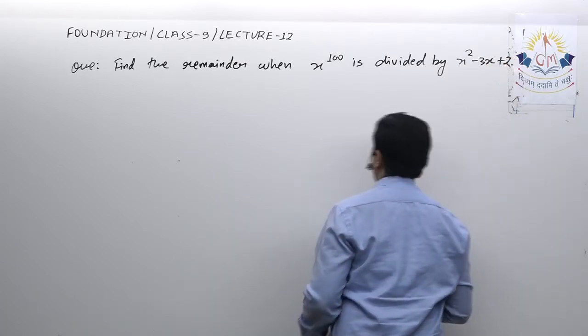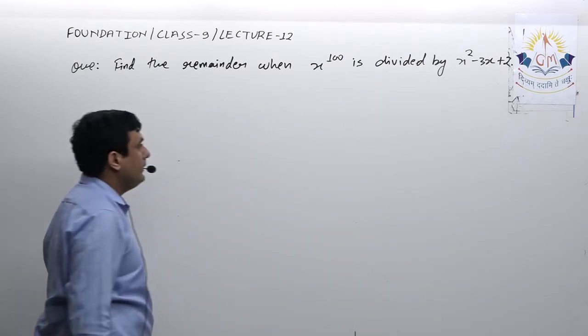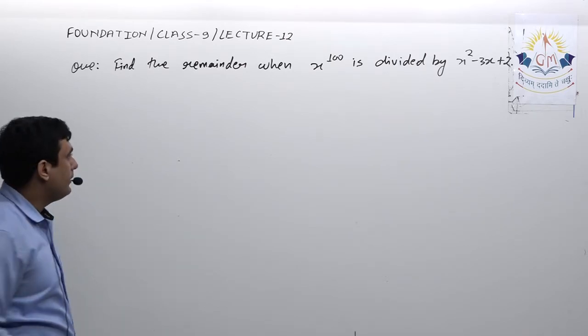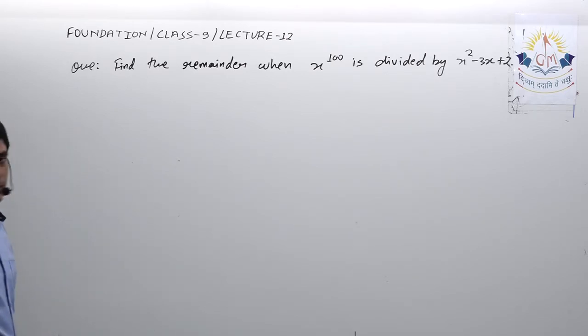Okay, x square minus 3x plus 2. You have to find the remainder when x raised to 100 is divided by x square minus 3x plus 2.